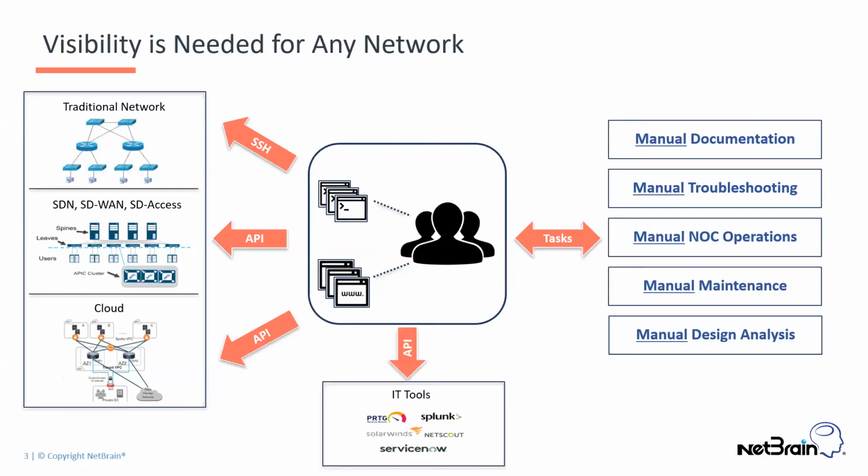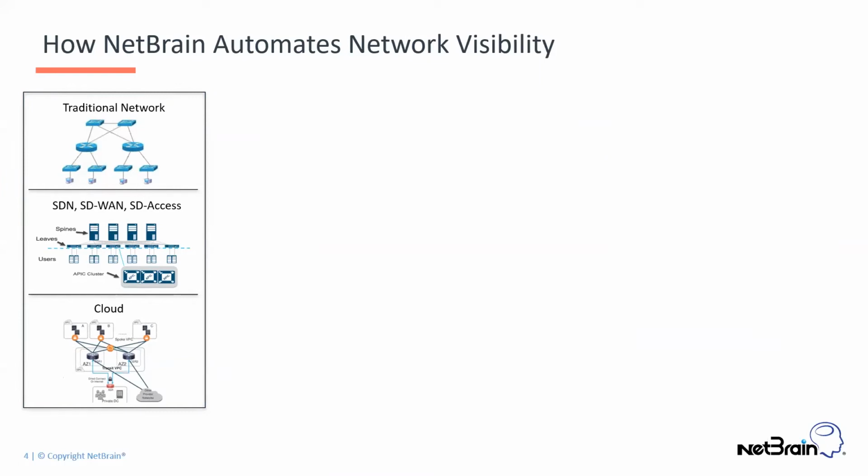And of course, let's not forget the plethora of IT tools, each with their various GUIs and methods of providing analytic and data understanding. So what we end up with is humans in this paradigm acting as the middleware instead of as the driver. So how does NetBrain provide this automated dynamic visibility?